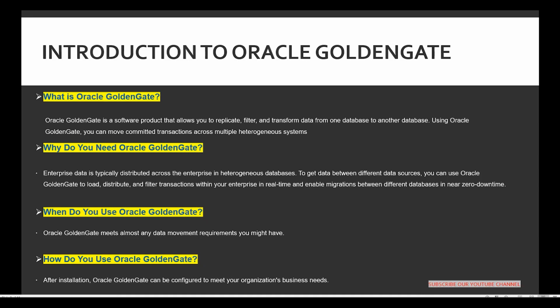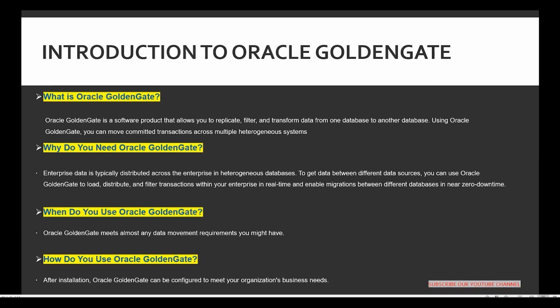Like we have earlier discussed, what is Goldengate and what is the use of it. Goldengate basically works on the principle of committed data transaction replication. That means this is software that you can use to replicate the data, and you can also filter the data and transfer it from one database to another database.